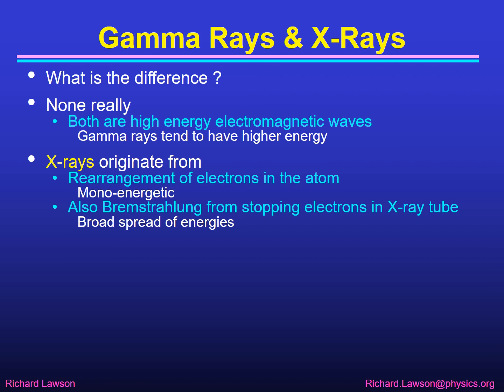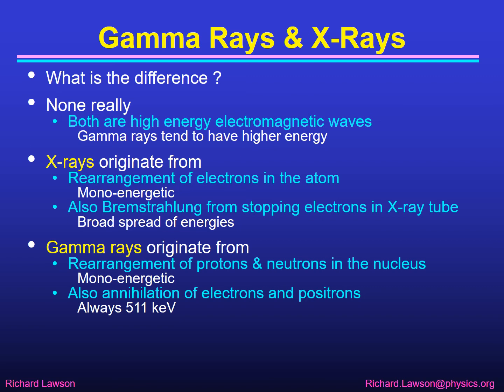X-rays were named when they came from electrons, a rearrangement of electrons in the atom. The energy level diagrams that I showed you at the start for the energy levels of electrons orbiting the atom, where they transition between energies there, we gave off monoenergetic X-rays. We also have X-rays from X-ray tubes when we stop a beam of electrons in a hunk of metal, and that gives a broad spread of energies, but both of those are what we call X-rays, whereas gamma rays originate, as I've been talking about, from rearrangement of protons and neutrons in the nucleus.